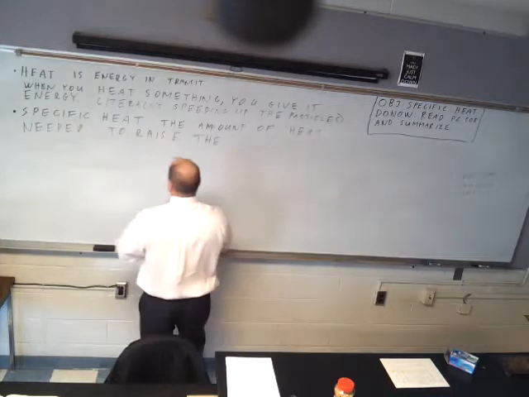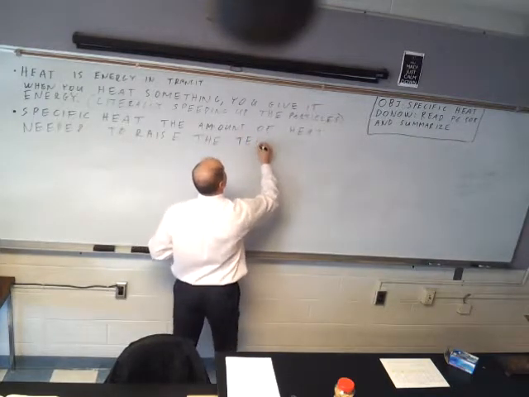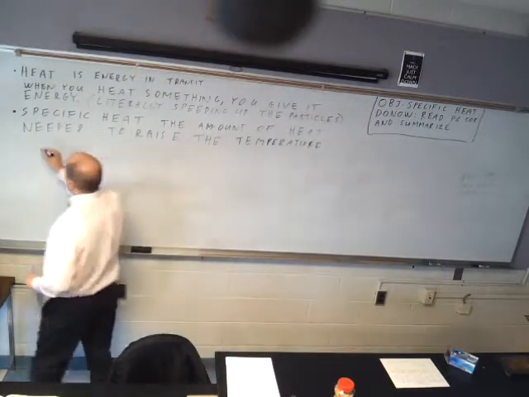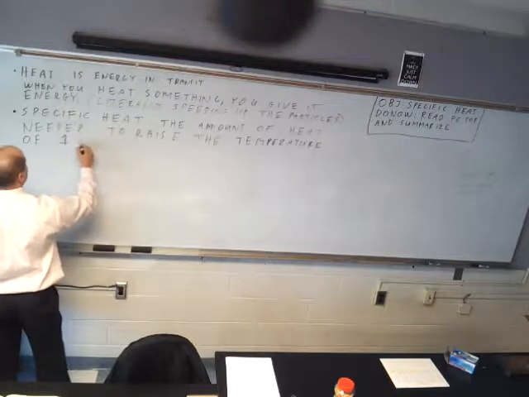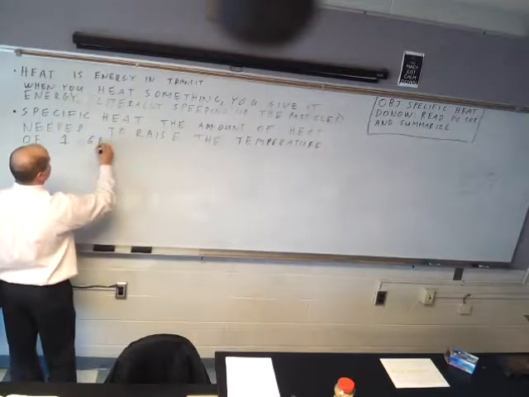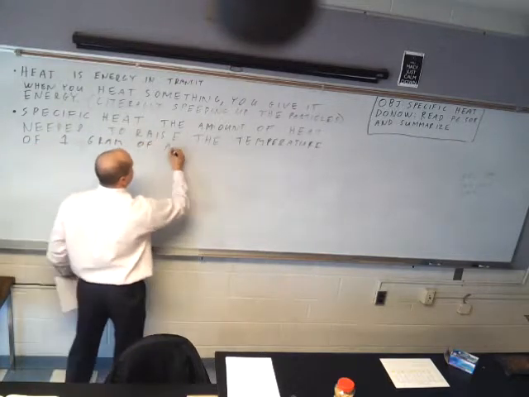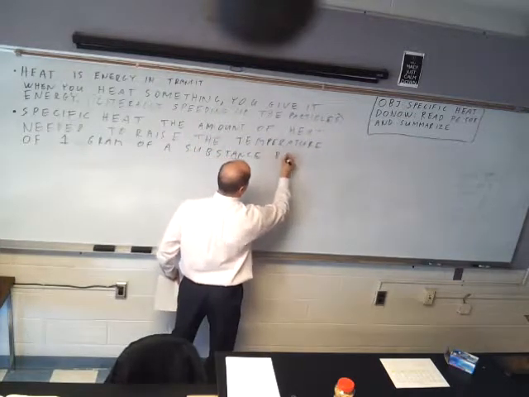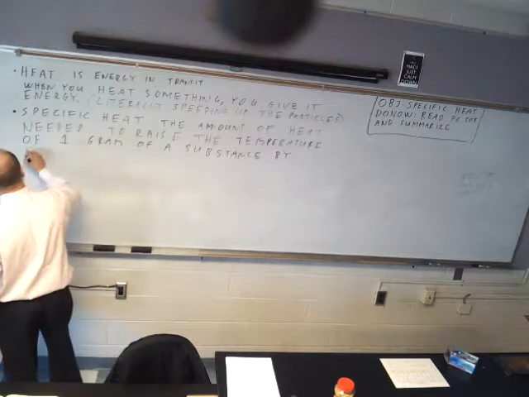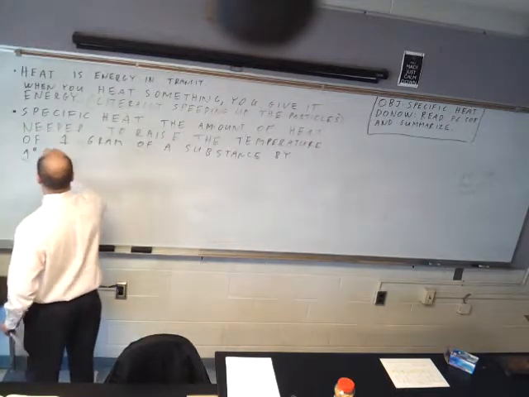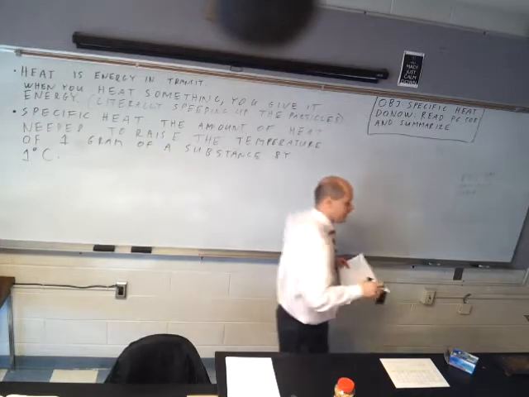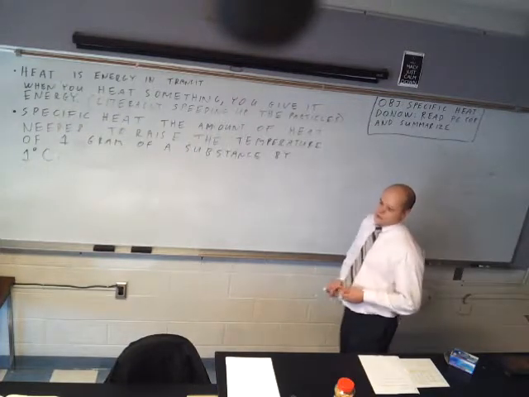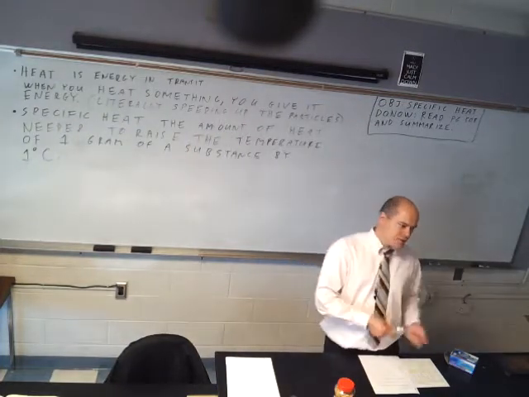So this amount, the specific heat, will be set for any given substance. So for iron, it's 0.46 joules, or for aluminum, it's 0.9 joules. And it's always the same for that given substance.